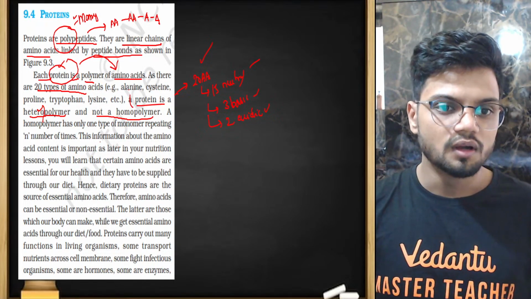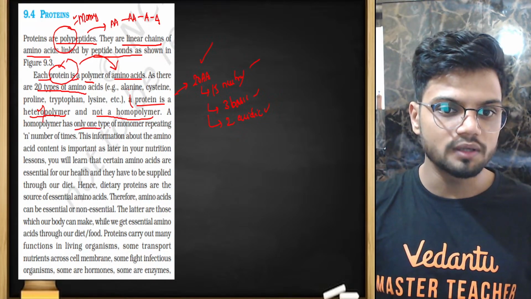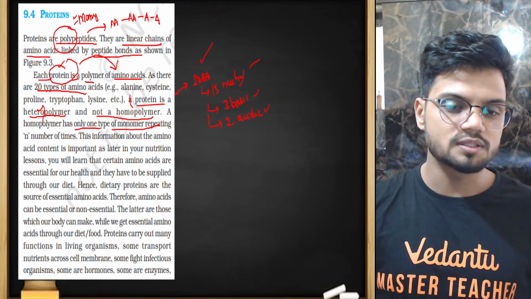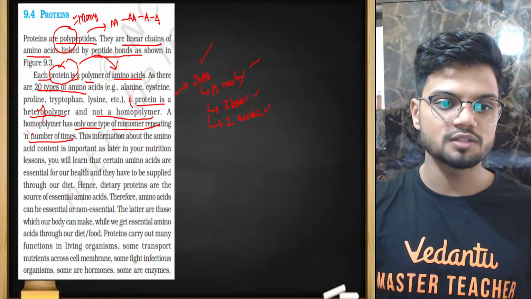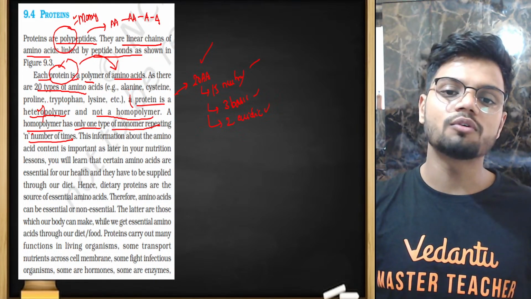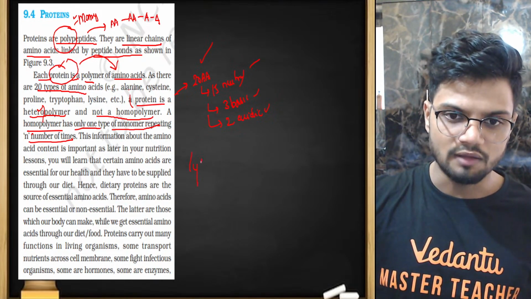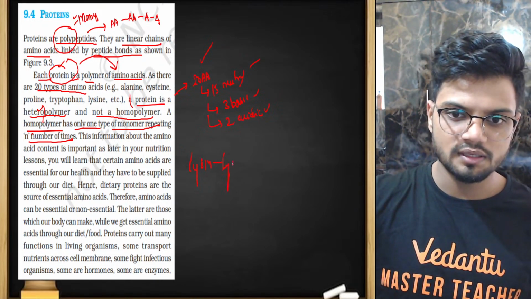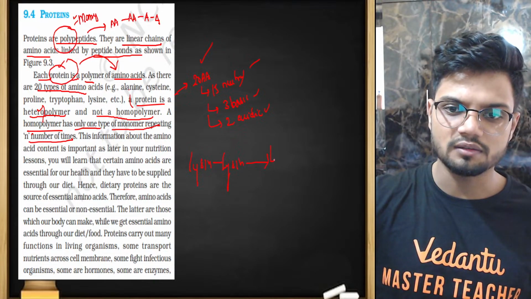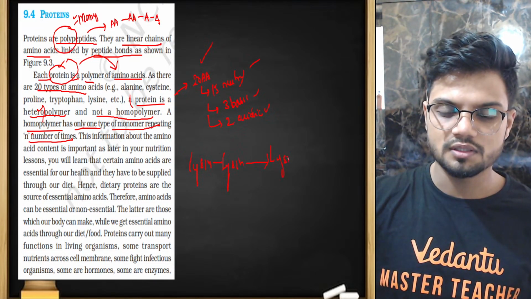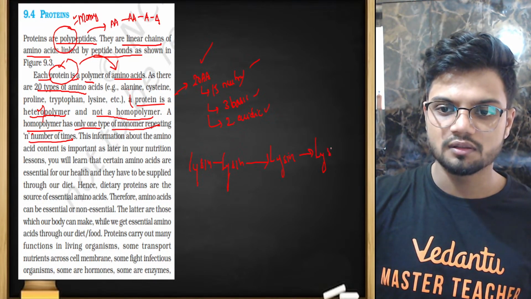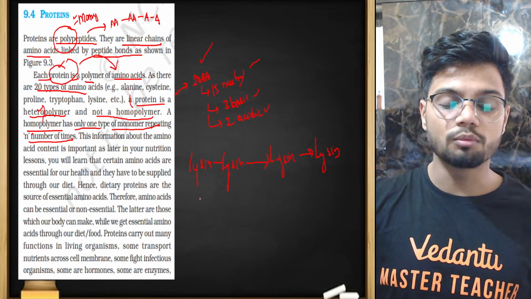A homopolymer has only one type of monomer repeating n number of times. For example, a homopolymer will have only lysine, continuously only and only lysine. Now this becomes a homopolymer.